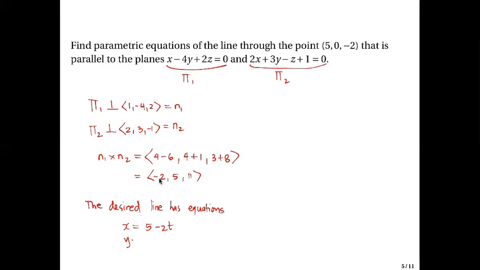Then y equals y naught, that's 0, plus 5t. And then z equals negative 2 plus 11t. So here t is any real number. Okay? Questions?